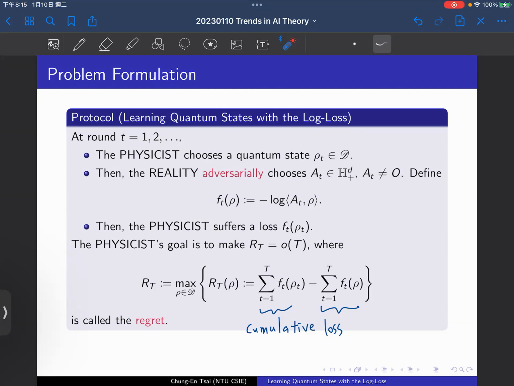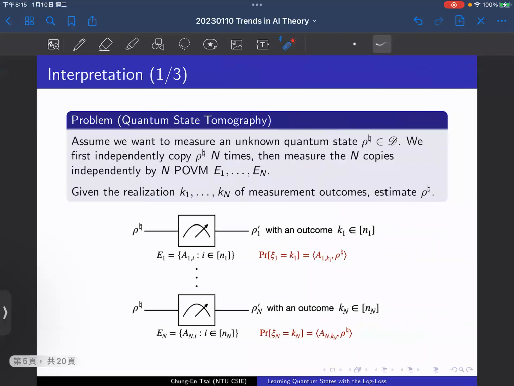Okay, then I will introduce some interpretation of this problem, why the problem has this loss function, and why this problem is meaningful and important. Let's consider a statistical problem called quantum state tomography. This is important in designing robust quantum devices.